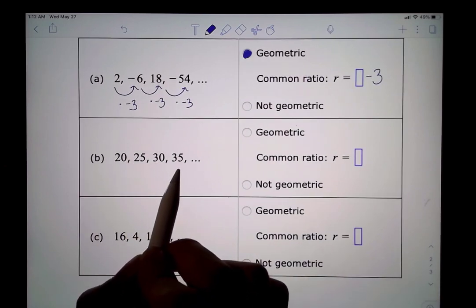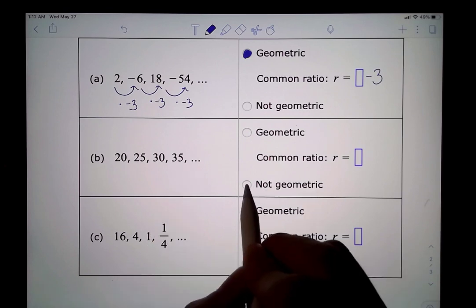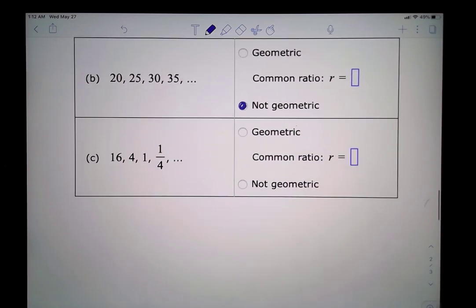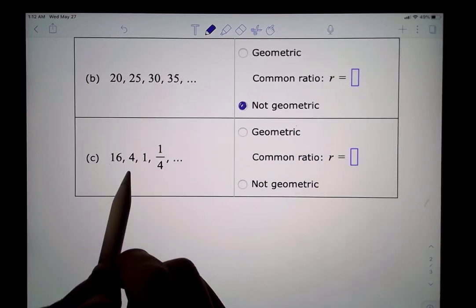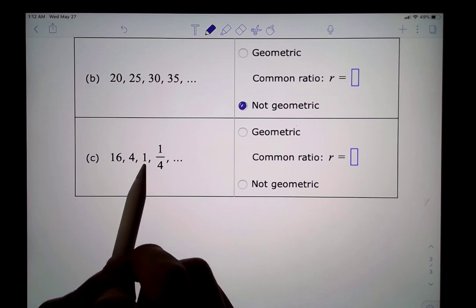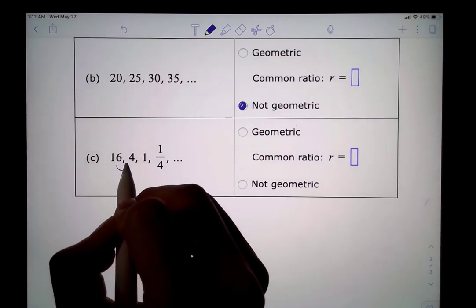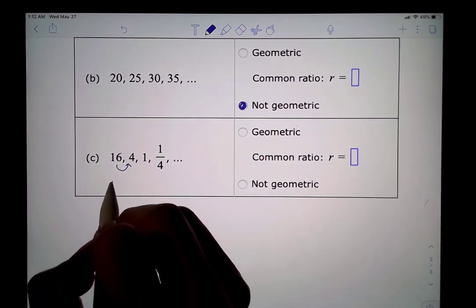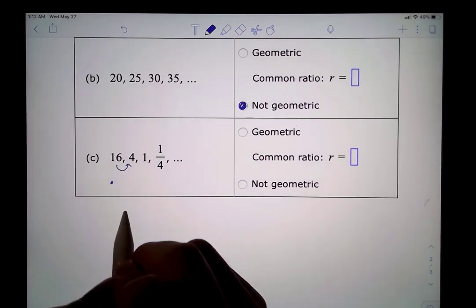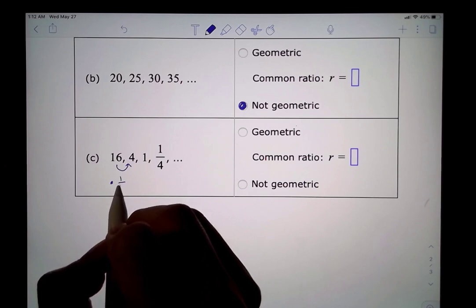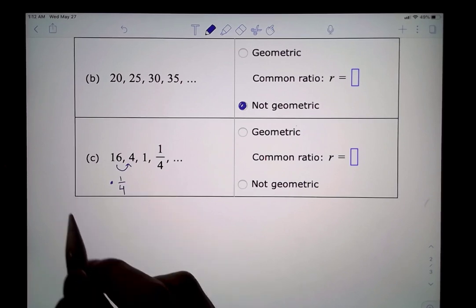What is this? You keep adding 5. So this is not geometric. So you just check this. And what about this one? 16, 4, 1, 1 over 4. It's like dividing by something. But you know what? If you multiply 16 by 1 over 4, then you get 4.